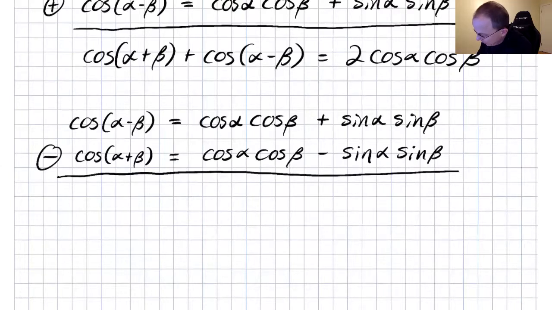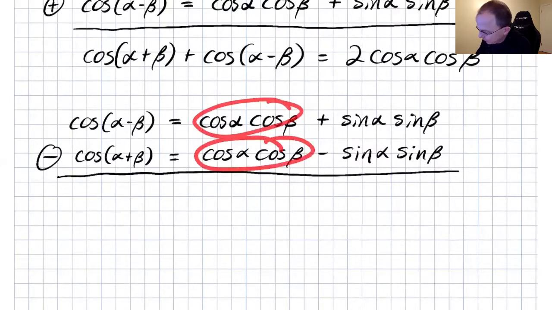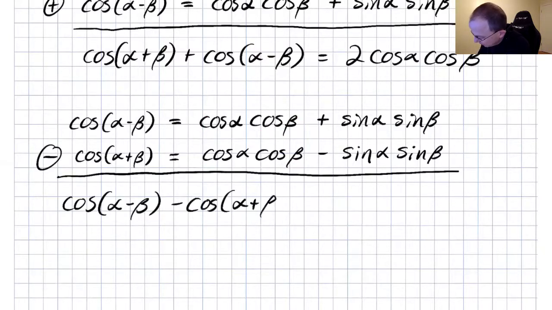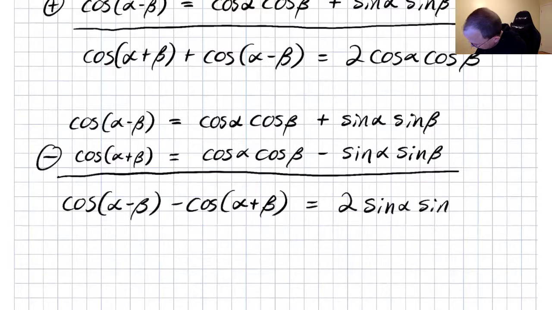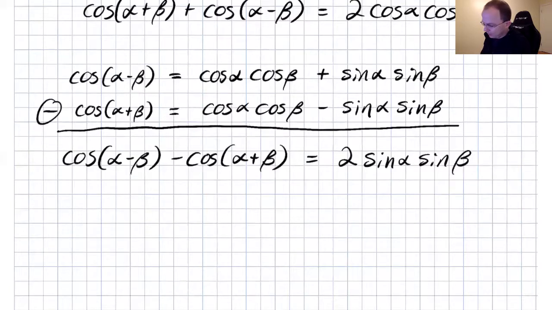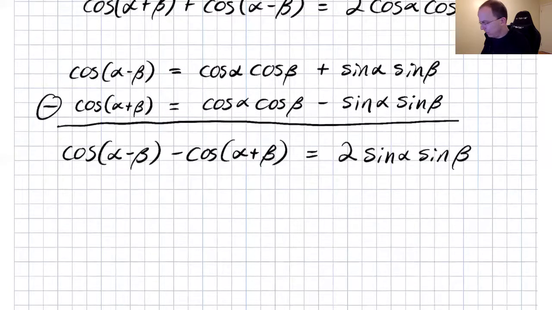And now these two terms are going to cancel. So we're left with cosine alpha minus beta minus cosine alpha plus beta is equal to 2 sine alpha sine beta. And there's our second trig identity, in fact, that's the one we're going to be using.